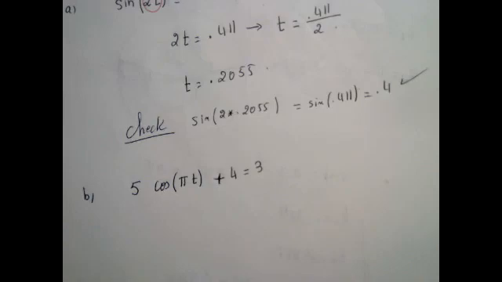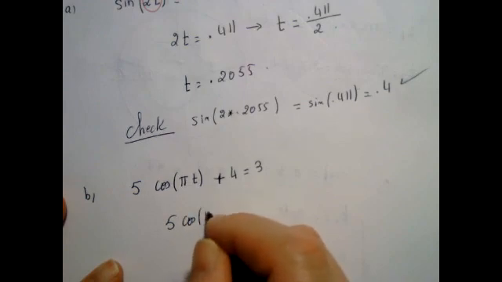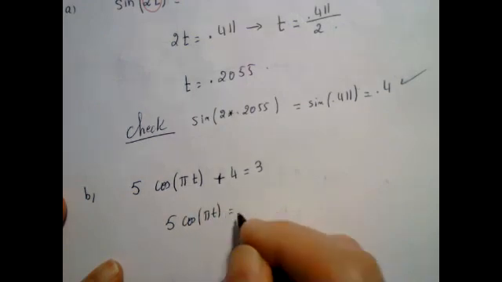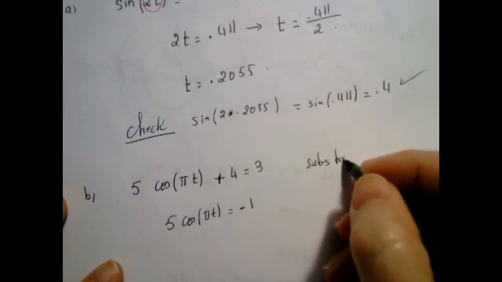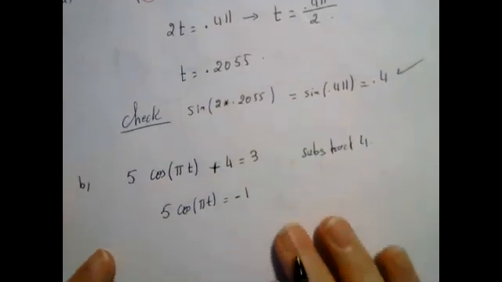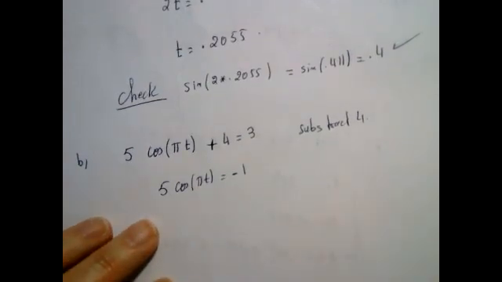Would you subtract the 4 first? I'll subtract the 4 first. Very good. So it's going to give me subtract 4. And then what would you do? What's really our idea at the end? To get t by itself.